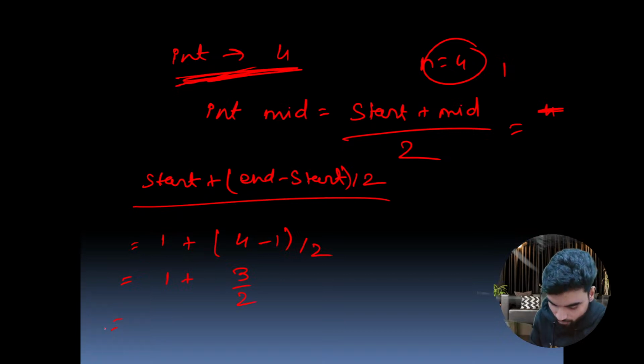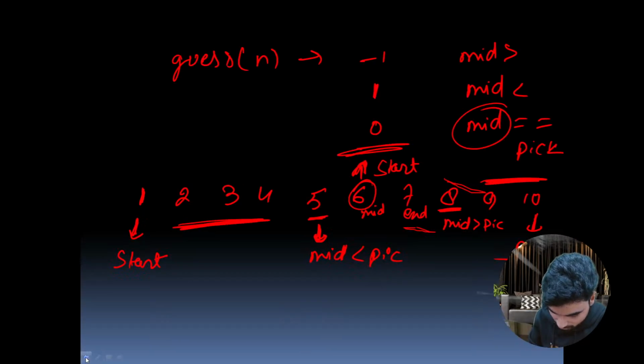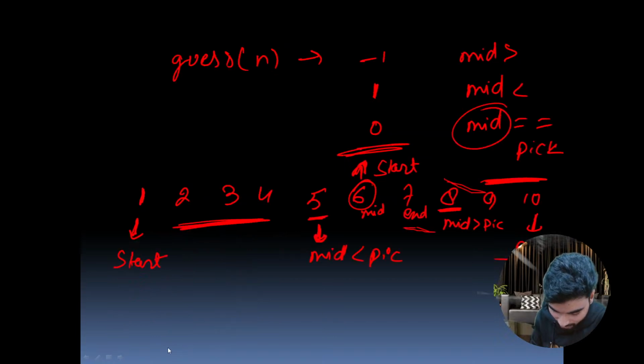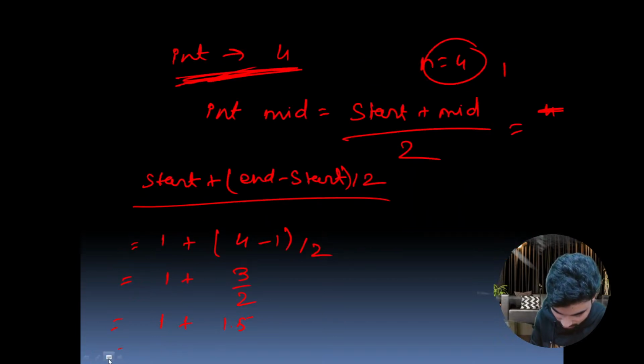By 2, so what will happen? You will get 1 plus 1.5, which will become 2.5. Now 2.5 will automatically convert to an integer, which means 2. So there won't be any such scenario.